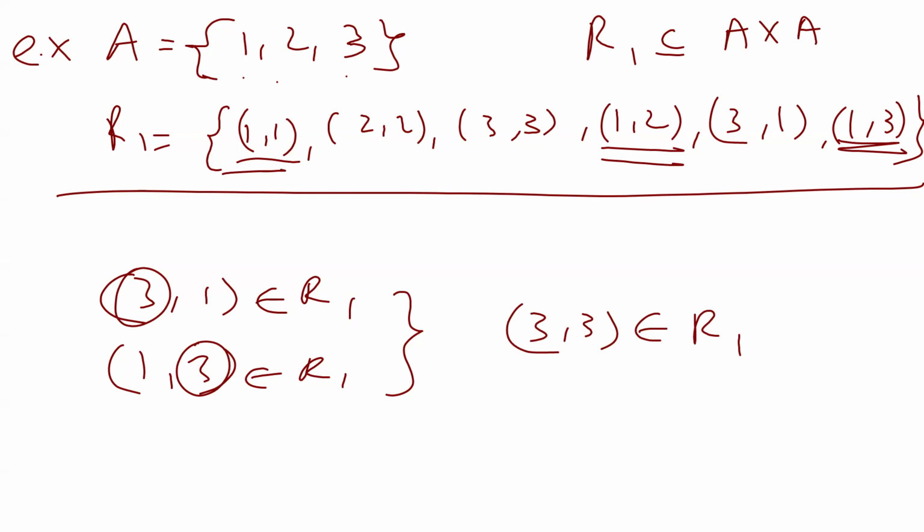So this also belongs to R1. Therefore, is there any example where transitivity fails? I don't think so. So it is transitive, because there is not a single example where transitivity fails.